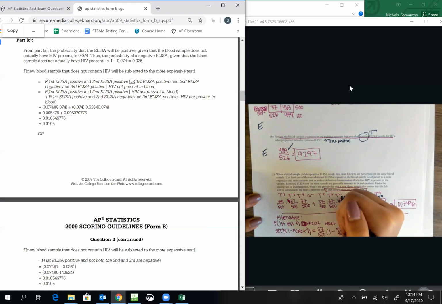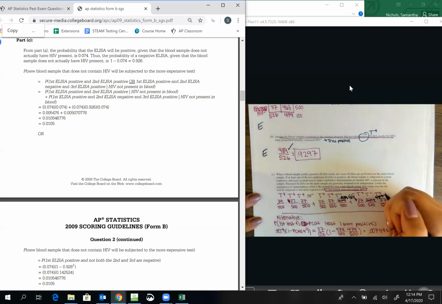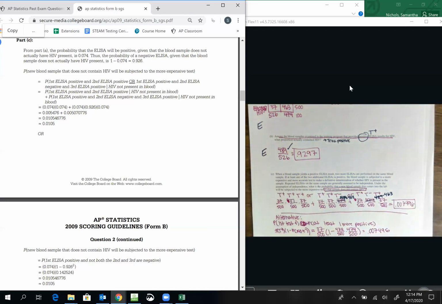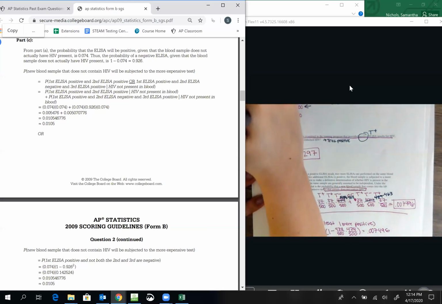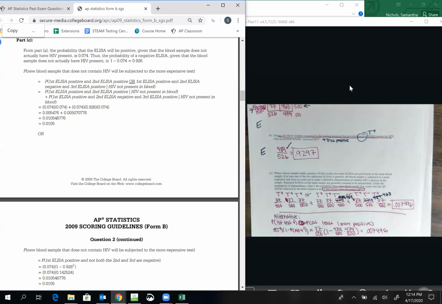They don't contain HIV. This should be 463. Yes, should be 463. I just did the wrong fraction because I should have been using this row right here, because it's given that the sample does not contain HIV.